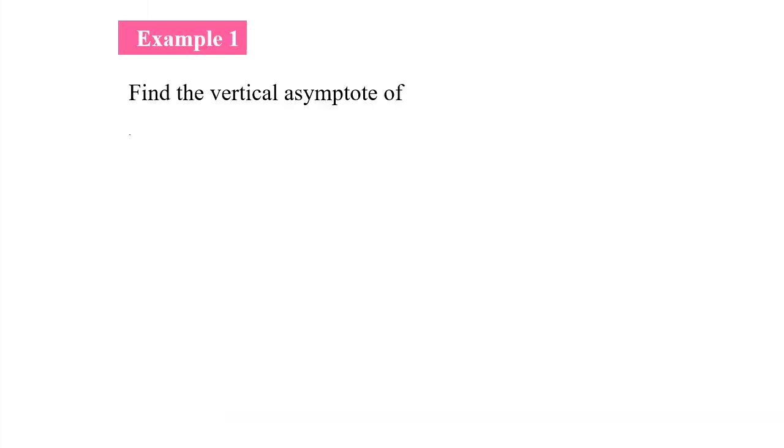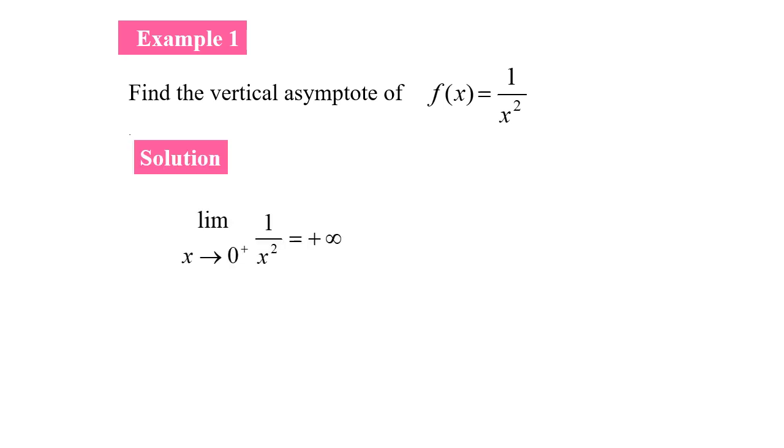So let's see some examples for this vertical asymptote. Find the vertical asymptote of the function f(x) equal to 1 over x squared. What we want to find is where the limit of this function is equal to positive infinity or negative infinity. But we don't know what x approaches.